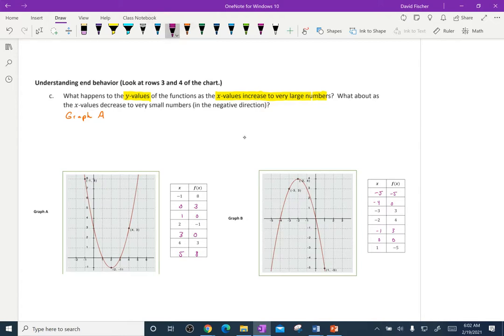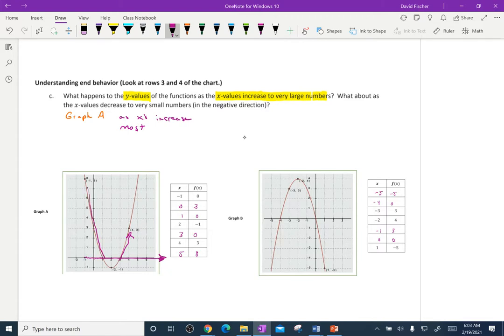Okay, so here's my thinking. As I'm going along here, my x values are increasing, so I'm looking at 2, 3, 4, 5 and heading this way. For the most part, my y values are going up. So I'm going to say as x's increase, I can't say all of them, because over here my x's would be increasing but I see my y values are decreasing.